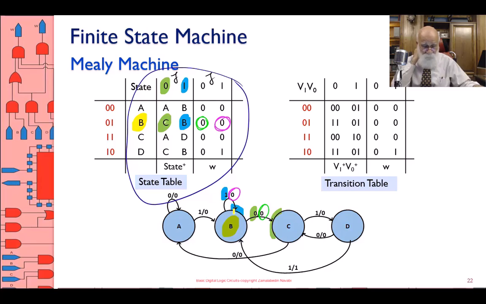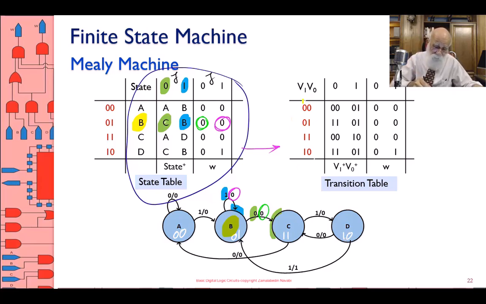And then once I have this, the next step is, as we said before, the transition table, from the state table. This was the state table. You have to decide the state assignment, and I give A 00. Remember, it doesn't make any difference how you assign the states as long as they are unique. So I give 0, 0 to A, 0, 1 to B, 1, 1 to C, and 1, 0 to D. This is my state assignment.